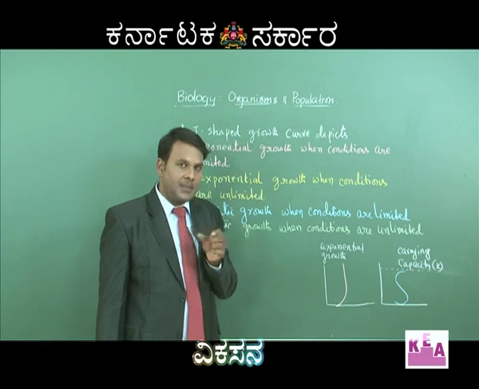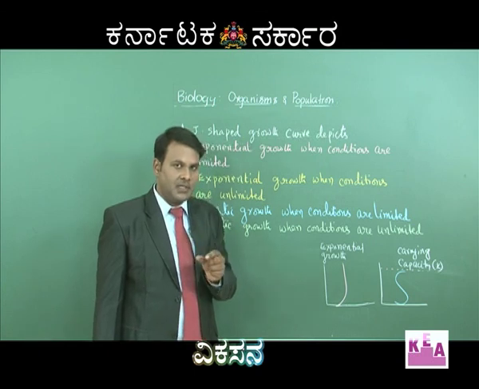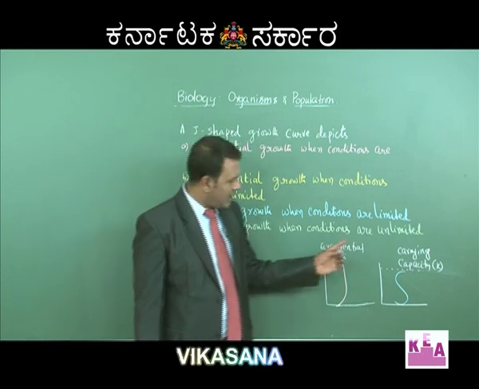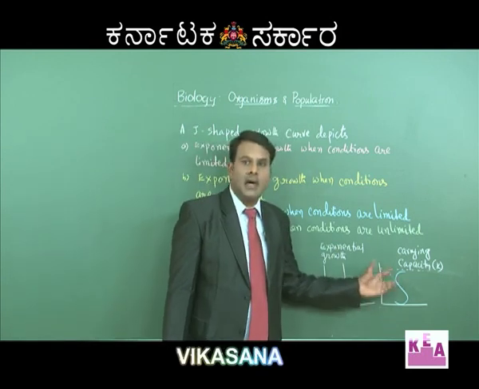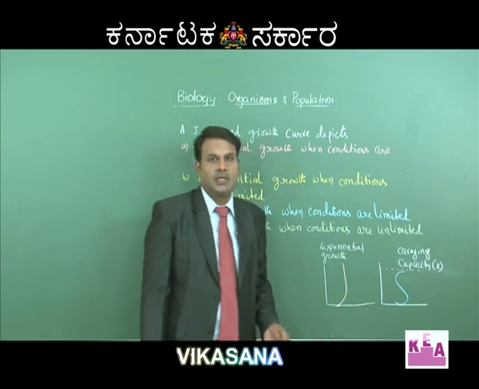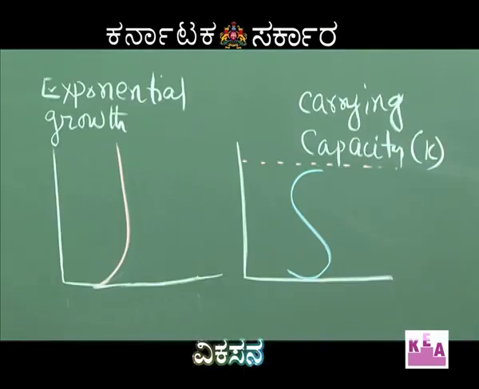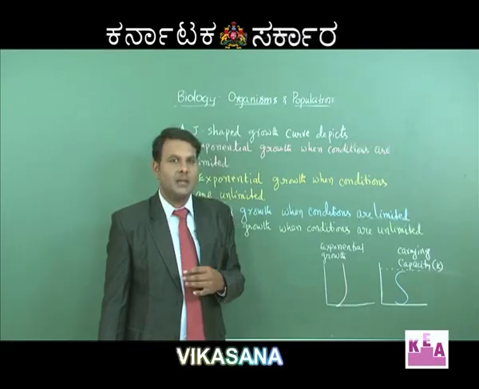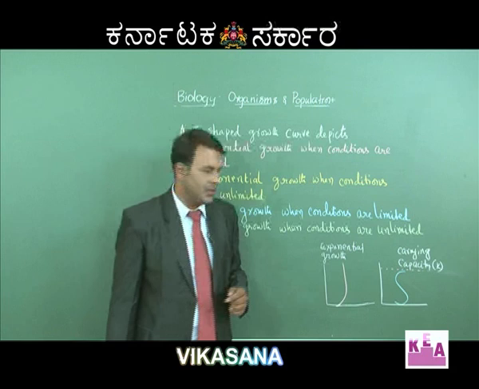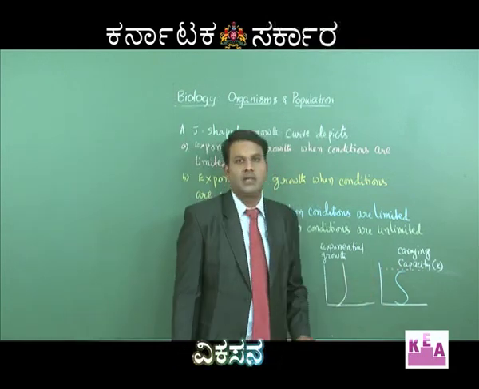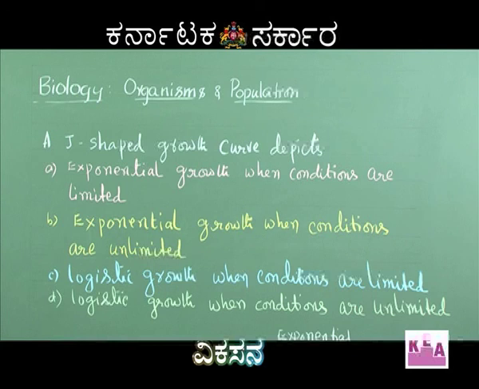So, the graphical representation of exponential growth assumes a J shape. Whereas in logistic growth, the organisms undergo growth till the habitat reaches the carrying capacity, beyond which growth is not possible. The graphical representation of logistic growth assumes an S shape. Based on this concept, let us see one question.